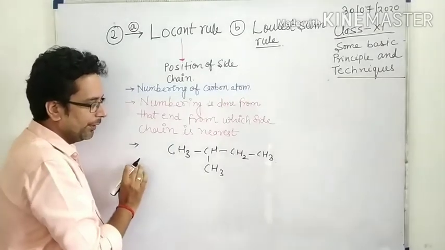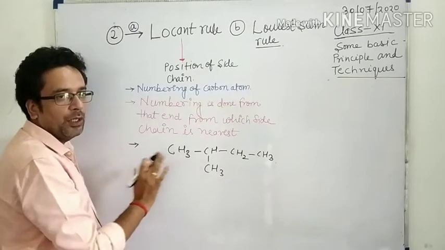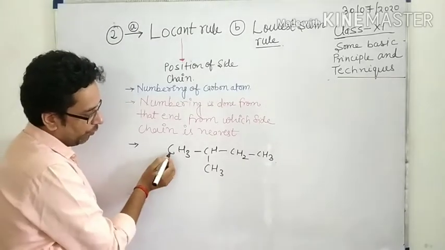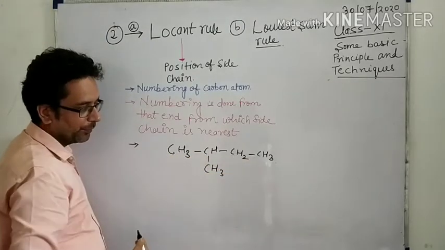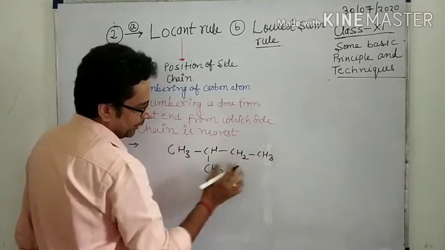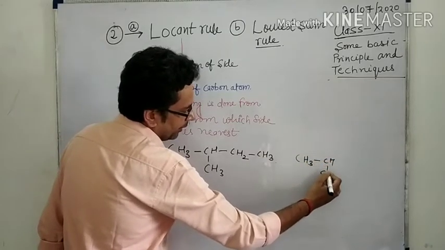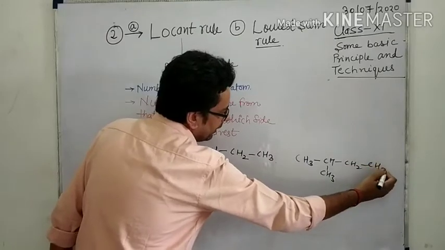Now look here. It means in this compound there are 4 carbons in the longest chain. Now it can also be, here I am writing this compound, CH3, CH3, CH2 and CH3.